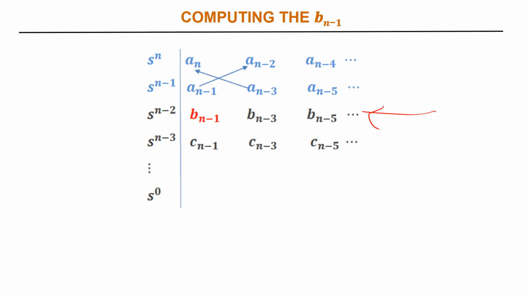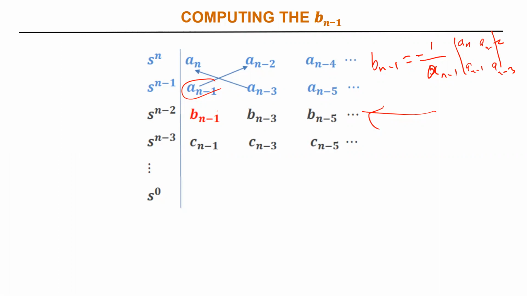The algorithm is that b_(n-1) equals minus 1 over a_(n-1), multiplied by the determinant above it: a_n, a_(n-2), and a_(n-1), a_(n-3).